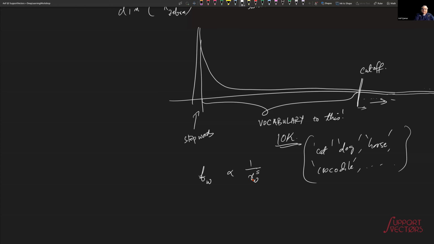But then when you make a frequency chart in a corpus, you see this behavior, right? By the way, this is a symbol of proportionality.